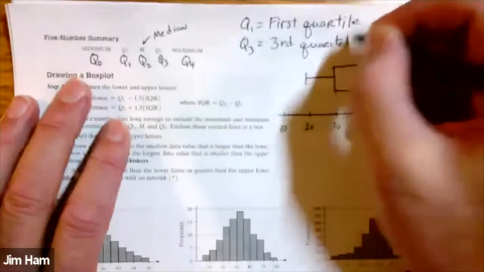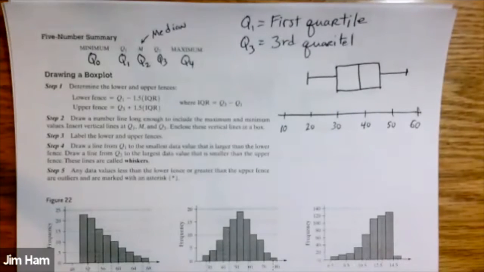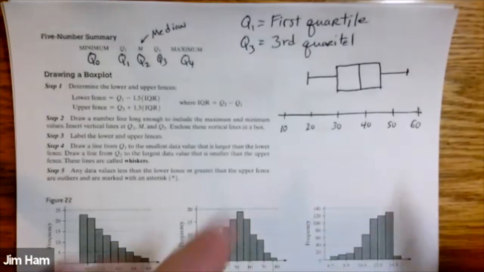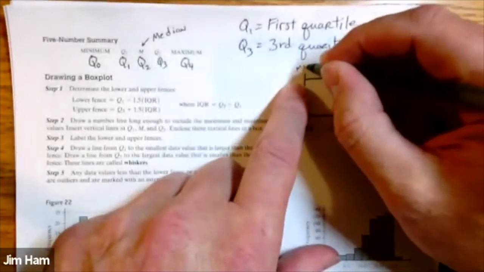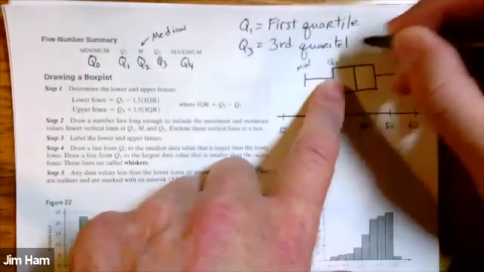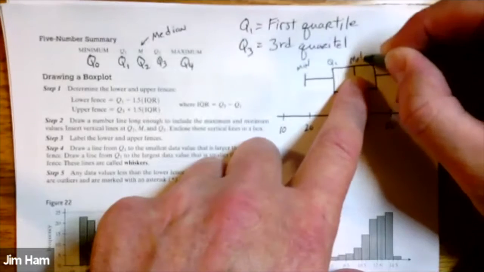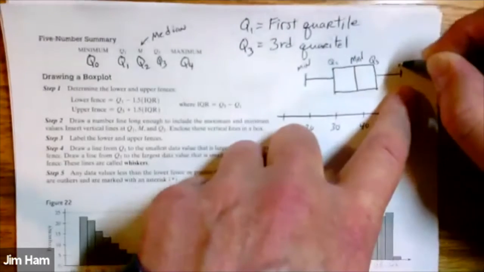Our graphing calculator can construct those 5 numbers. In fact, it prints them out right in order in your output screen. So we're going to plot the min, the Q1, the median, the Q3, and then the max.